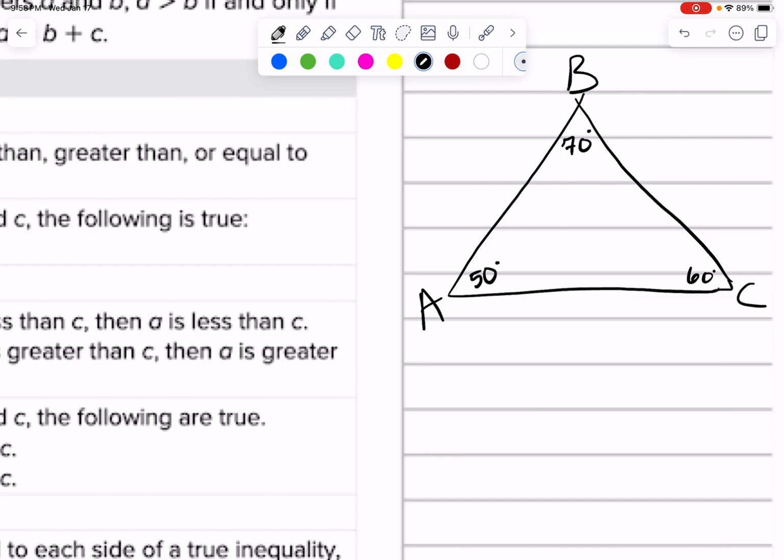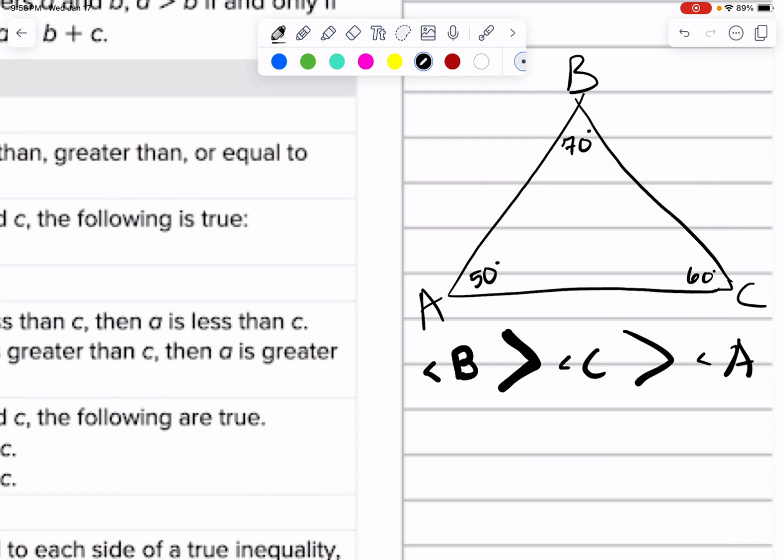But the way that this works is when we're comparing these angles, we would say, and this is where it gets confusing, angle B is greater than angle C, which is greater than angle A, if I go in order of measure.